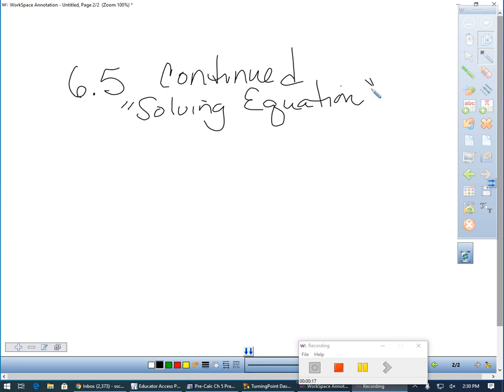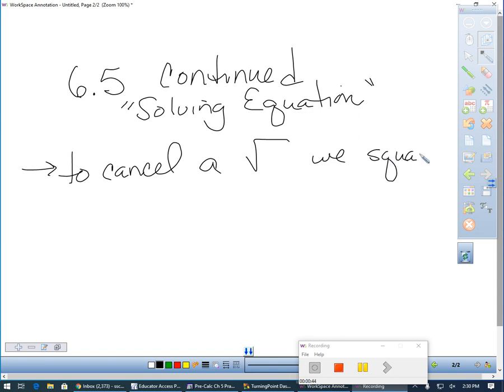All right, so there's a couple things that are going to happen today. The first thing that could happen today is that the 2 cancel. A square root, we square both sides, right? All of the ones we did yesterday only had a single number on that other side to square.